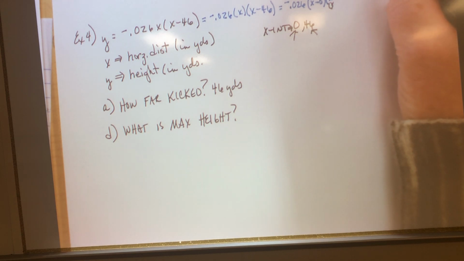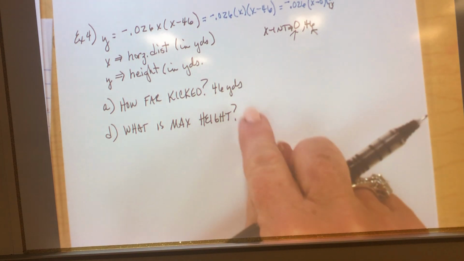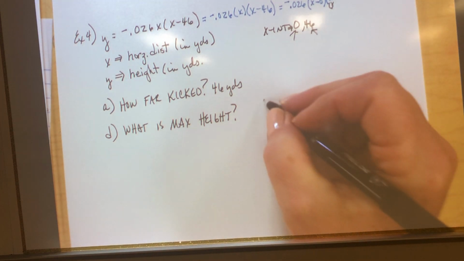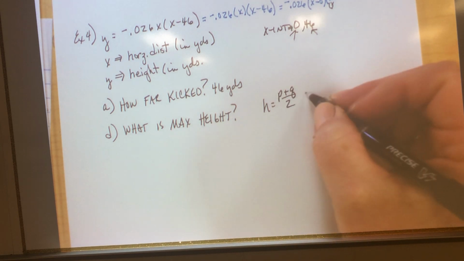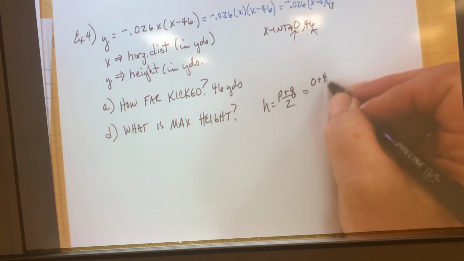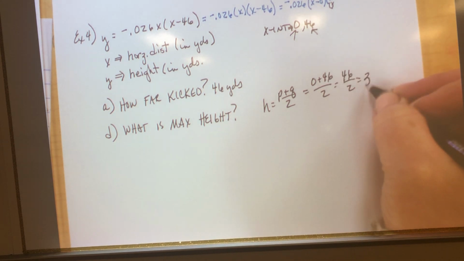Destiny said we've got to find the vertex of this parabola, all right? So how do you find the vertex? Well, you remember that h is equal to p plus q divided by 2. So that's going to be 0 plus 46 divided by 2. 46 over 2 is 32.